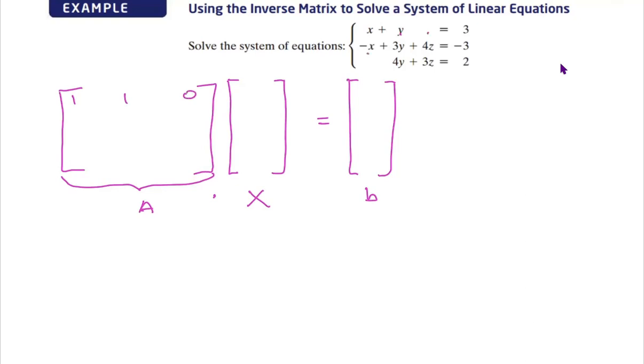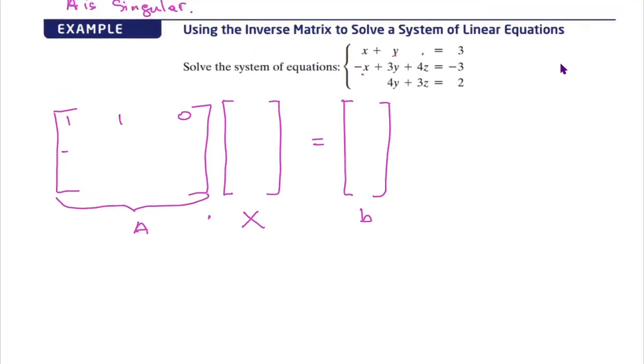Second row: coefficient of x is -1, coefficient of y is 3, coefficient of z is 4. Next row: coefficient of x is 0, coefficient of y is 4, coefficient of z is 3. And then x, y, z. Just take this one just like it is: 3, -3, and 2.